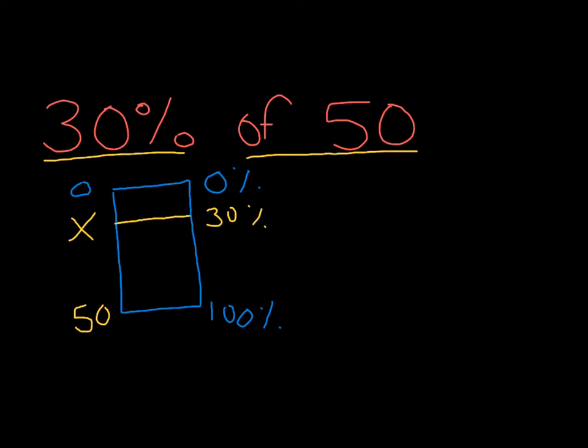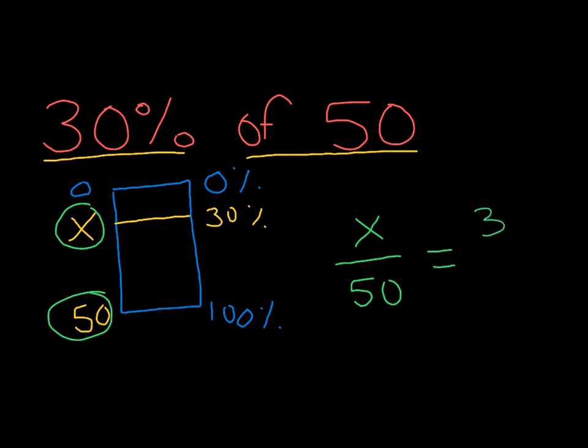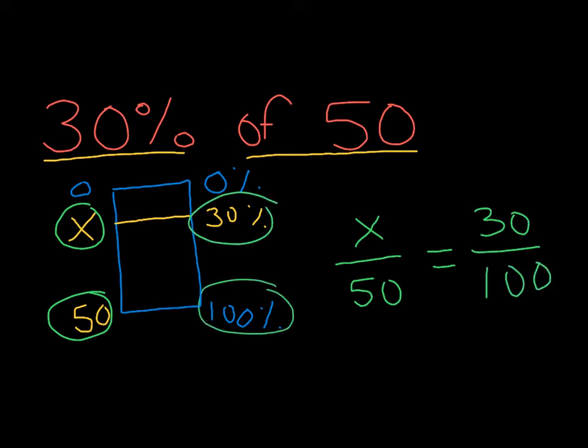My proportion is x over 50. I just grabbed it right in order. x over 50 equals 30 out of 100, in the exact same order.